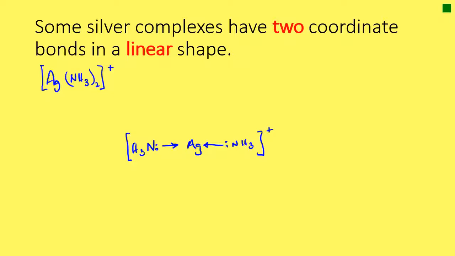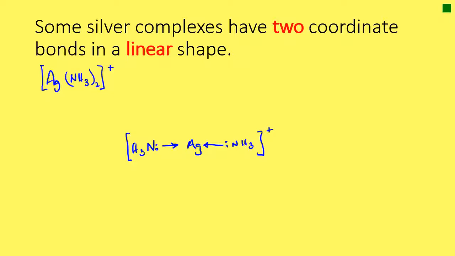So let's write that out. So Tollens reagent is you've got a bit of silver ion, and you've got that surrounded by 2 ammonia molecules, and it's got 1 plus. As usual, the silver ion is just a 1 plus ion, and that forms a linear shape.